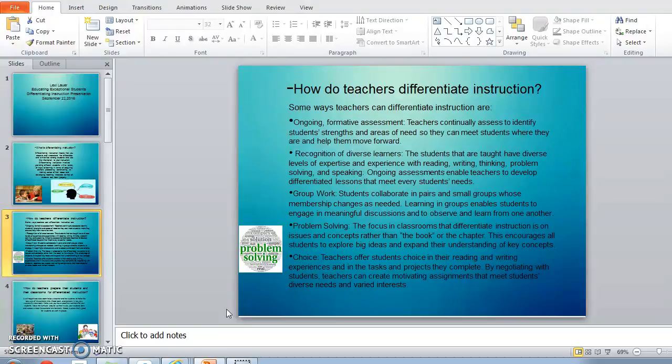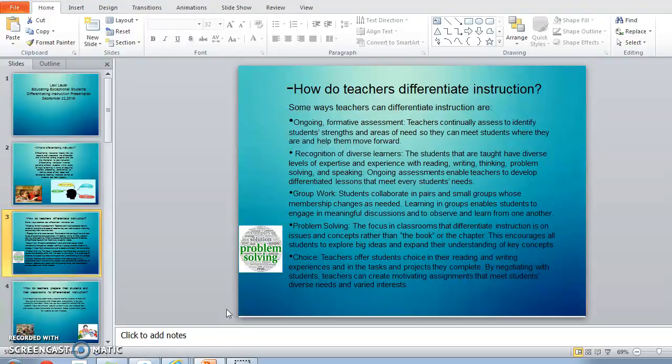A group of students might have shared interests, and you could group them together by their interests or their abilities. And also you would still assess the students' learning, and you would assess and adjust lessons to meet the students' needs.